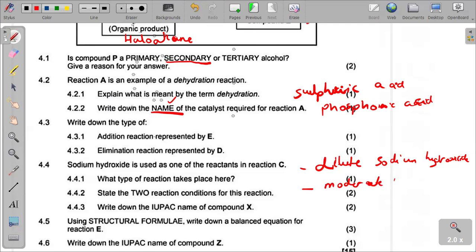And we also need mild or moderate temperatures, right? Those are the reaction conditions. We need two of them, right?